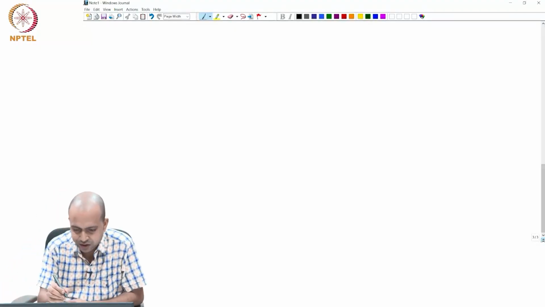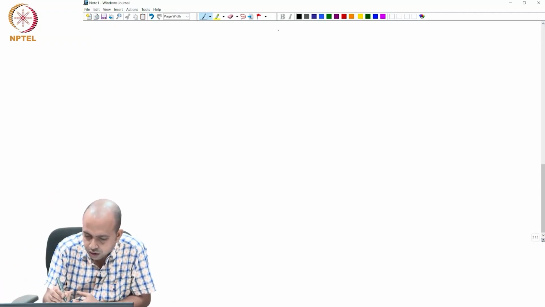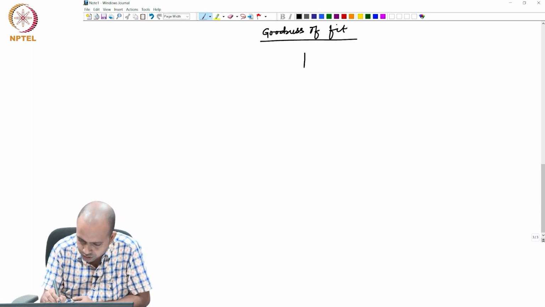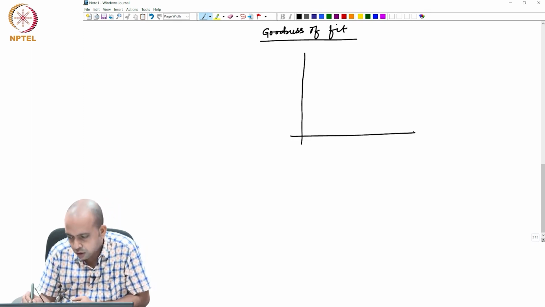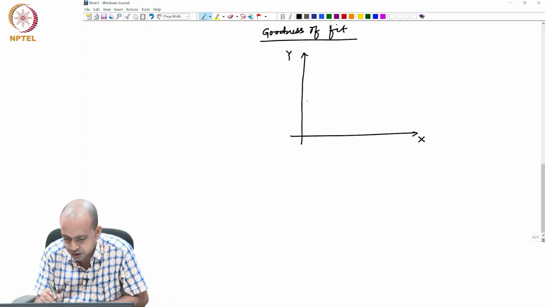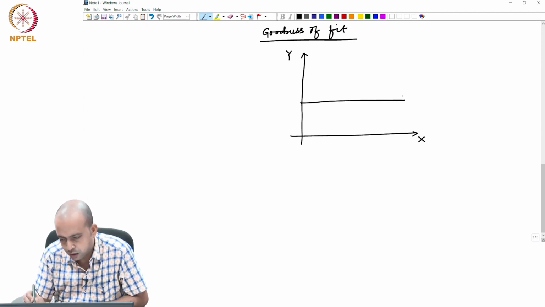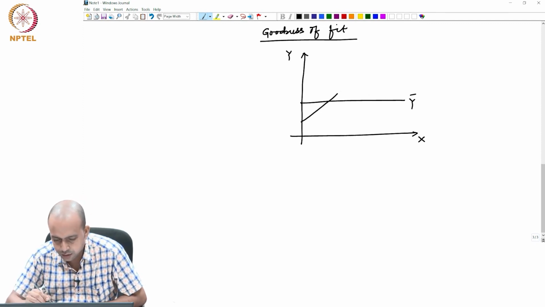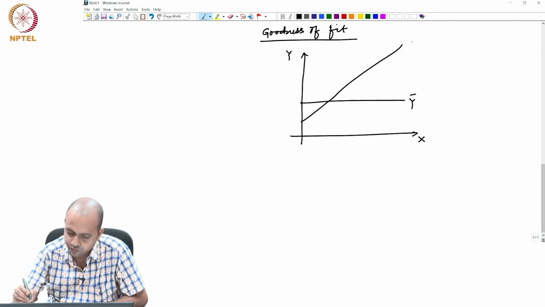So, goodness of fit measure. Suppose this is your x and this is your y, and this is basically your y bar, and this is the line that you have fitted.